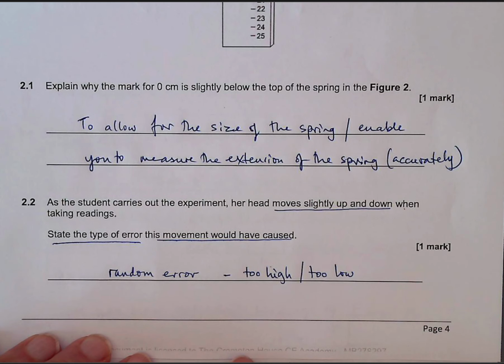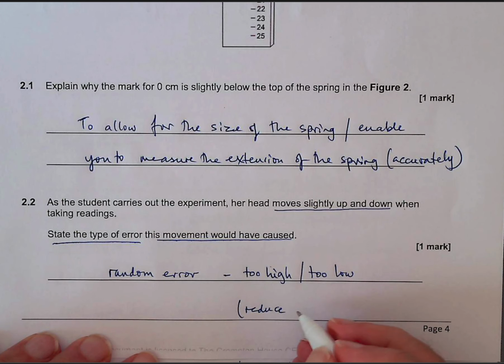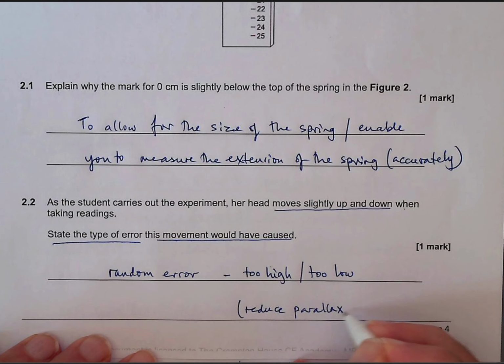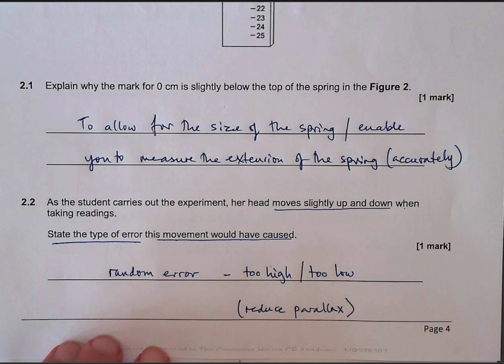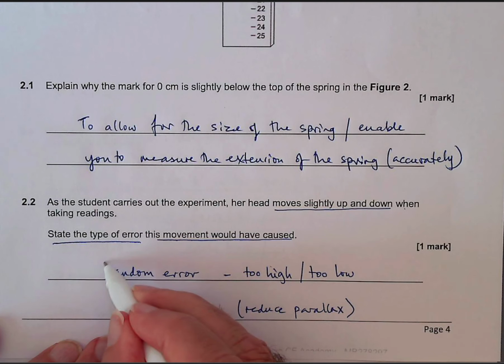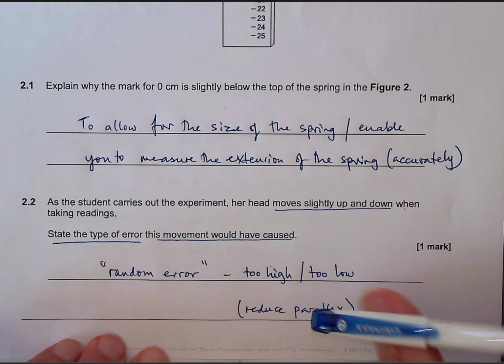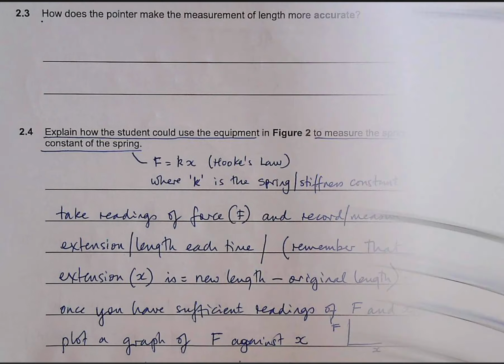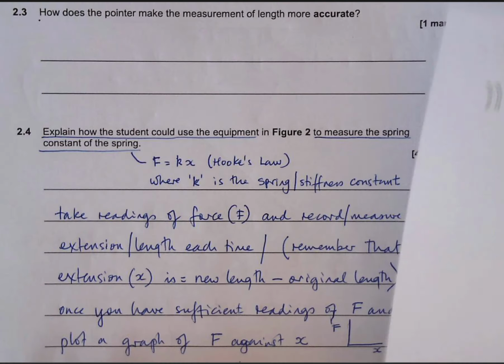Really, you want to get down to the level to reduce parallax. And if you're moving your head up and down to reduce parallax, that's what the tennis judges do. They make sure they're in line with the white lines on the tennis court. Okay, so this kind of error is called a random error. Okay, that's question 2 done.